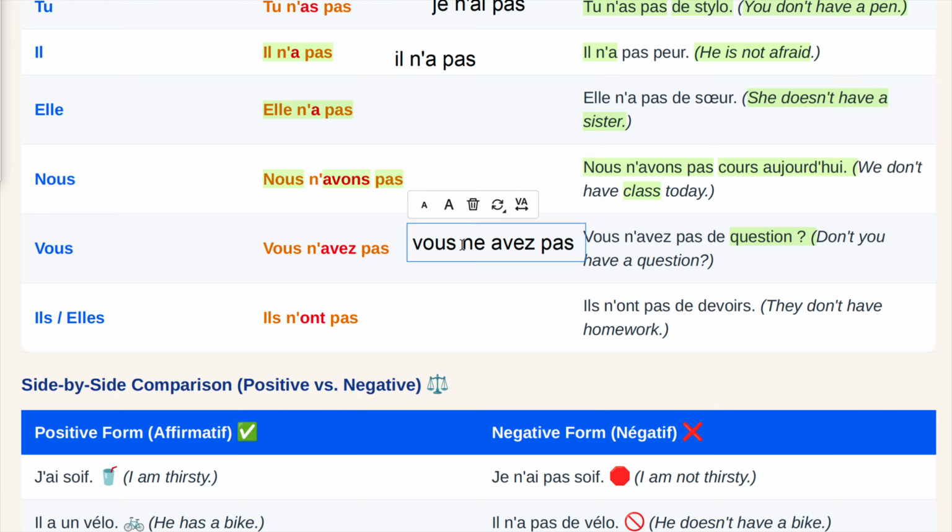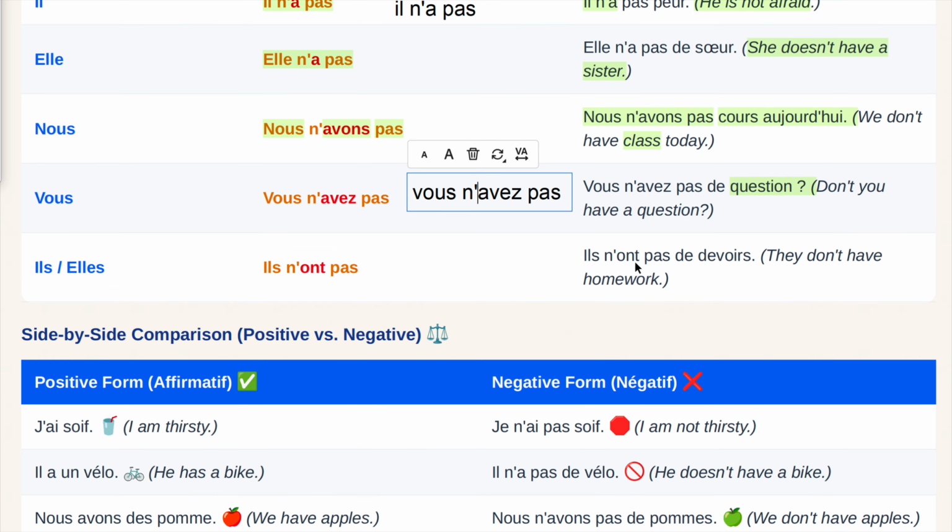Here again, this is e and this is a, so we use elision. We cut this e and instead use an apostrophe, so it becomes vous n'avez pas. Don't you have a question? Question is question, so it becomes vous n'avez pas de question.